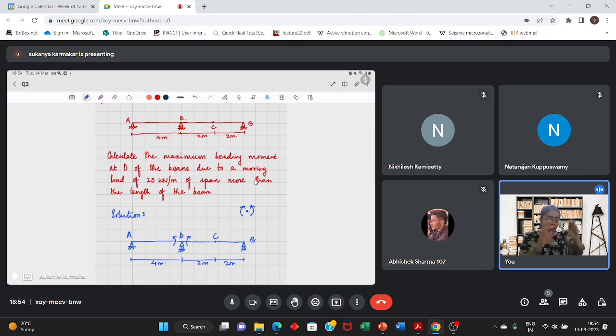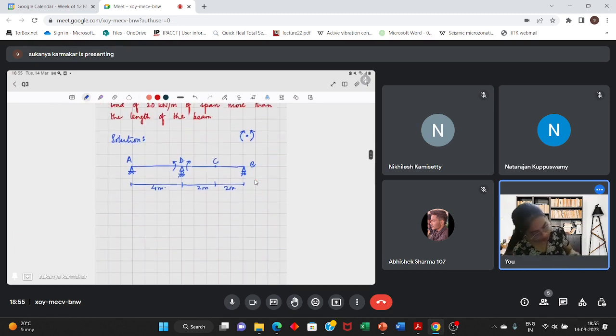You are just allowing rotation at that point, but still the restraint that a roller provides is there. A roller does not allow movement in the vertical direction. So this AD portion of the beam will not move. The only movement possible is in the portion DCB.